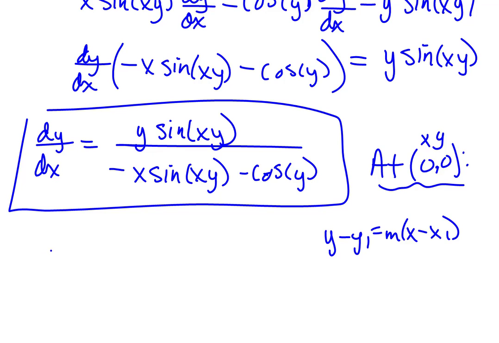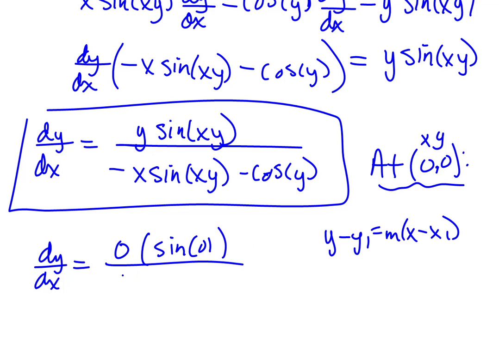So we'll now say dy dx, this is now at the point 0, 0, is 0 times the sine of 0 over negative 0 minus the cosine of 0. I'm just plugging in 0 for x and y in our dy dx derivative that we just found. Of course, this turns out to be 0 over negative 1, which is really just 0.